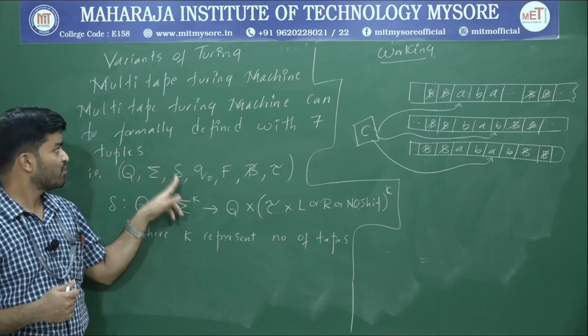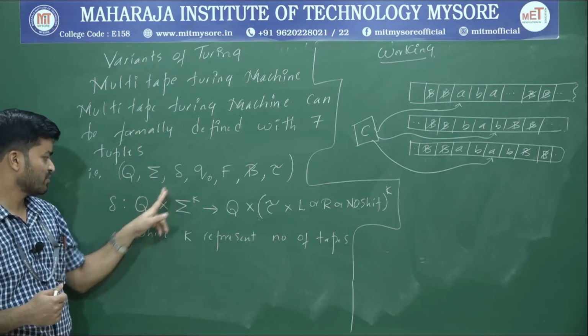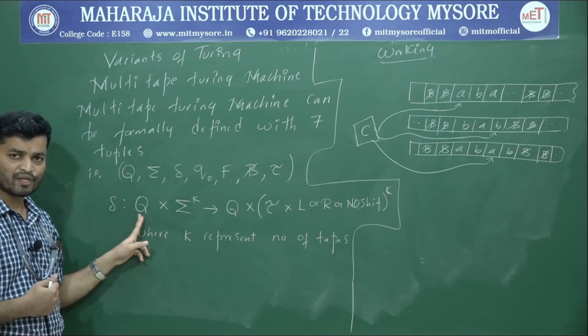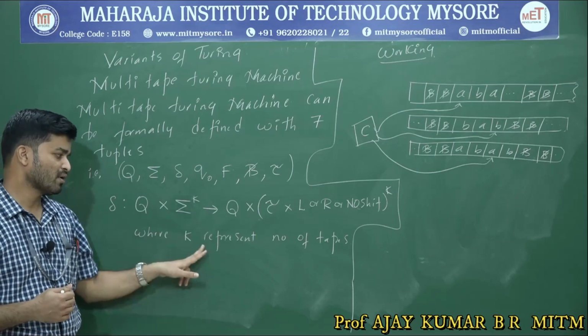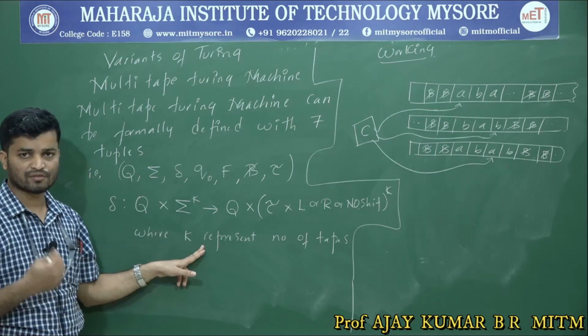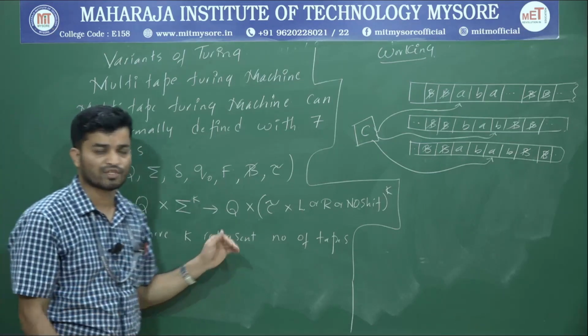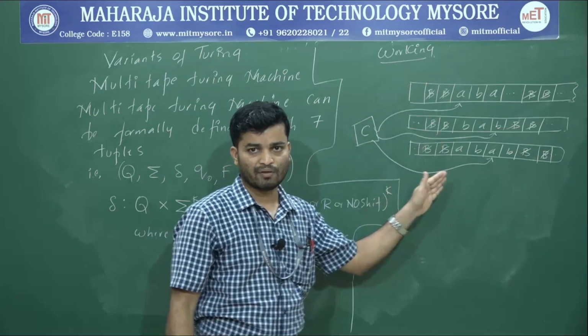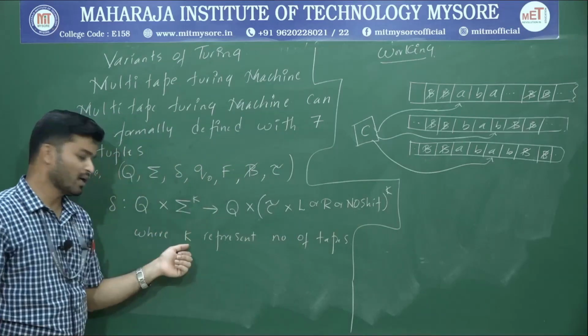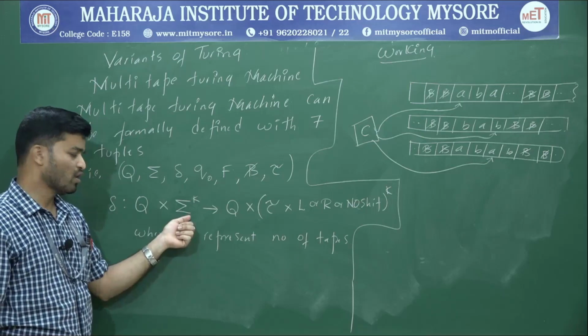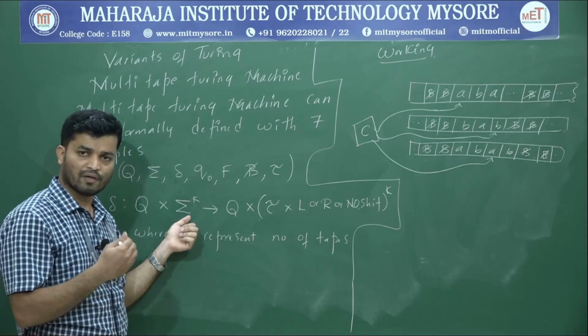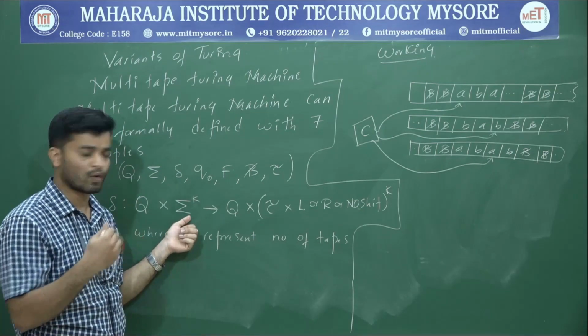So delta in case of a multi-tape Turing machine is, suppose you are in a state q and you get some input, where k represents the number of tapes. Since it is a multi-tape Turing machine, you are going to have more than one tape, and that will be indicated by k. If you are in some state q and you get some input, you may get it from more than one tape.